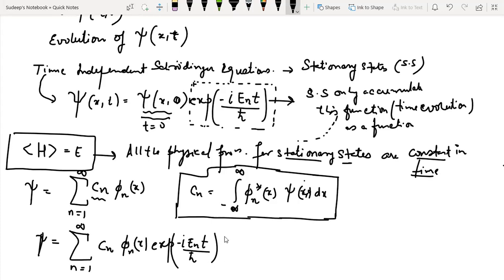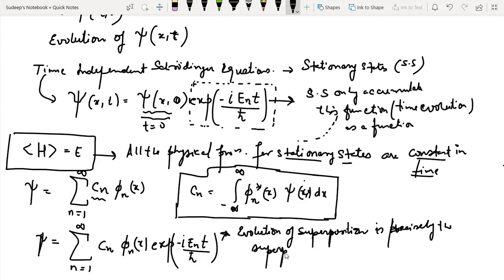This is how I can do it. So it is quite evident that the evolution of the wave function, or rather the superposition, is precisely the superposition of the evolutions. Each term is multiplied with its time evolution term, and then I sum it up to get my wave function at any later time t. I hope this is clear to you.